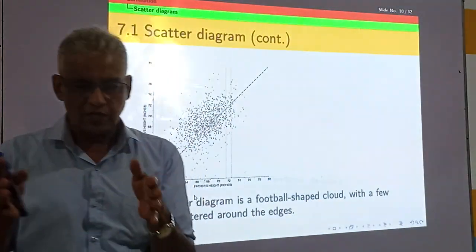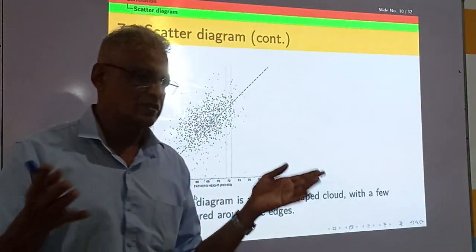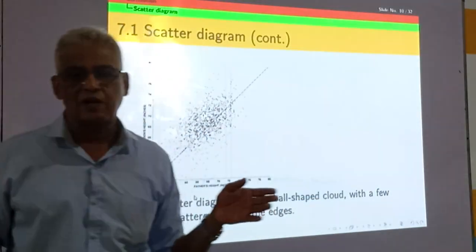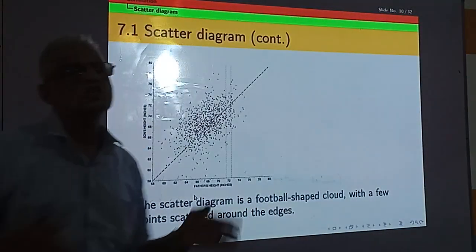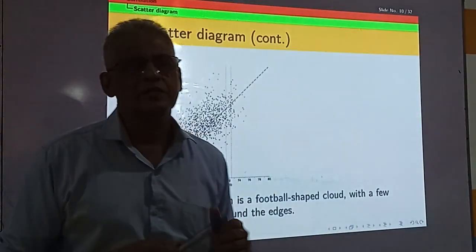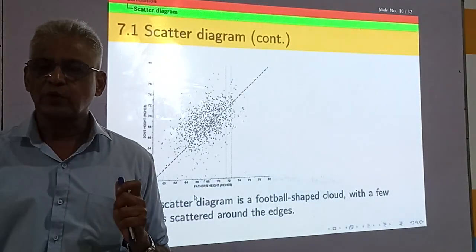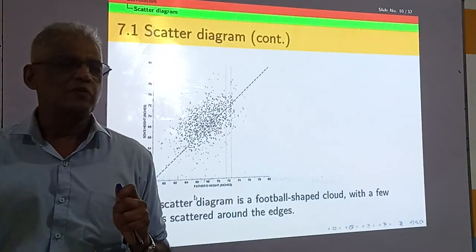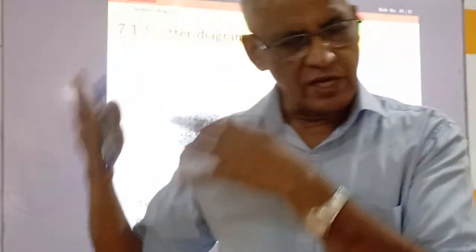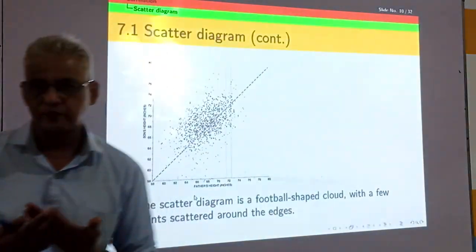Right? I have seen that people calculate the correlation coefficient even without looking at the graph. In a lot of research papers, they just calculate the correlation coefficient and interpret it by looking at the number. They have not even looked at the scatter diagram. Therefore, their interpretation can be completely wrong. Right?